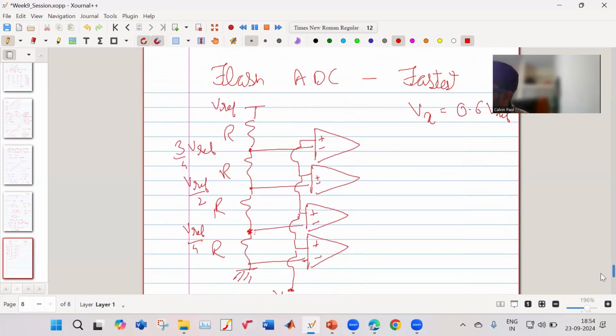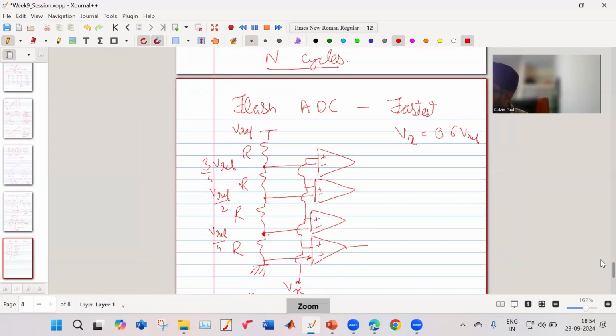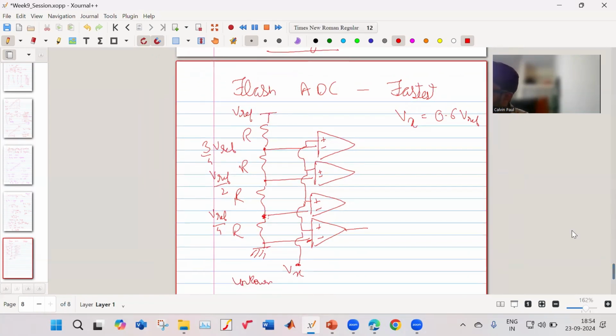What will be the output of this one? Can you tell me? If my Vx is equal to 0.6 Vref, what will be the output of this comparator?